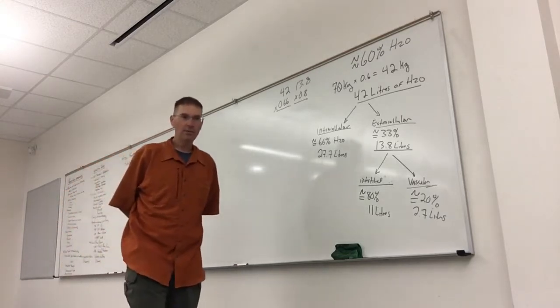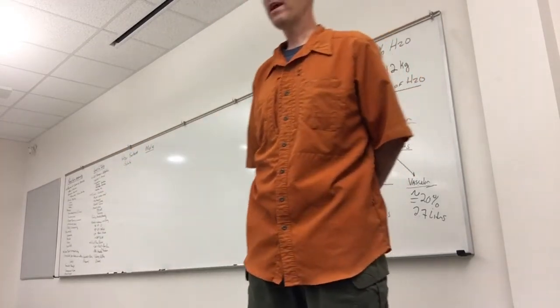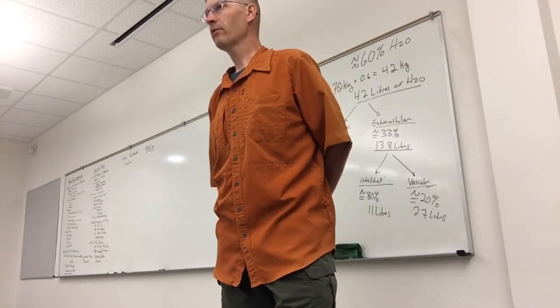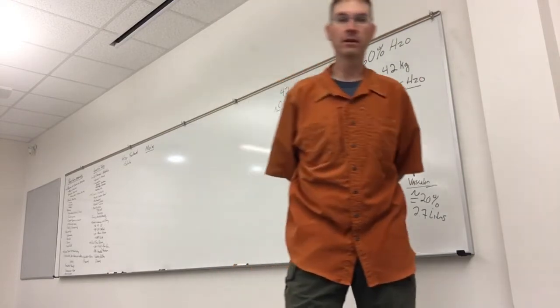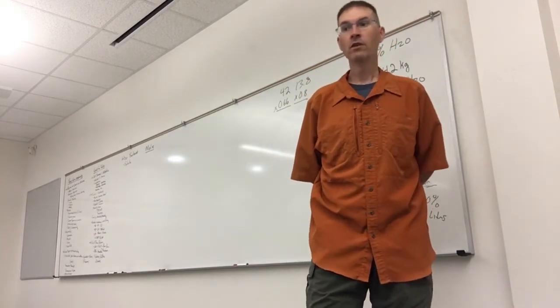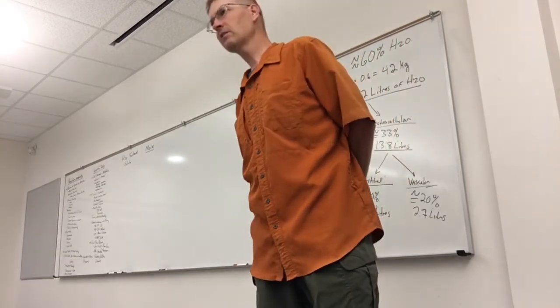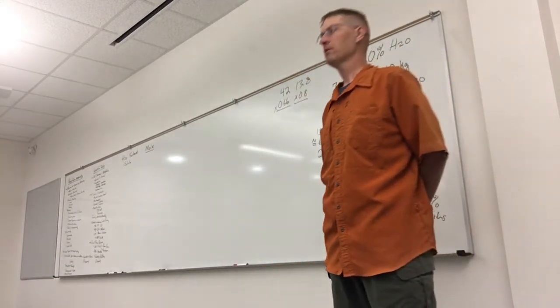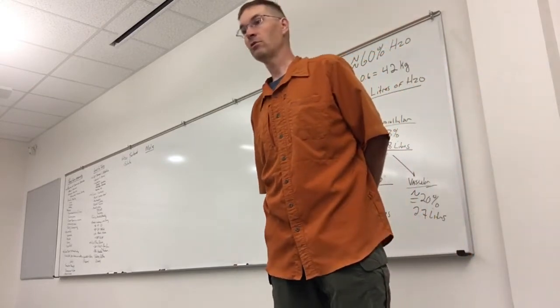So we didn't talk about this yesterday, but every element, not only does it have an atomic number, and what is the atomic number? Remind me. Number of protons in the nucleus, that's the fingerprint, right? Not only does it have an atomic number, but it also has an atomic mass associated with it.